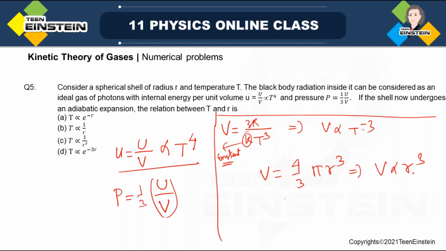From these two, we can write r to the power 3 is proportional to T to the power minus 3, or in either way we can write T is directly proportional to 1 by R. So there is a relationship between temperature and the radius of the spherical cell.